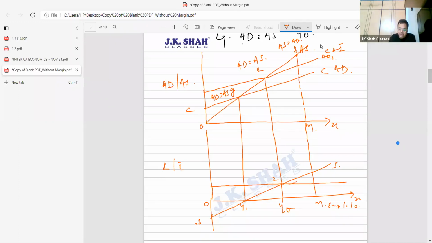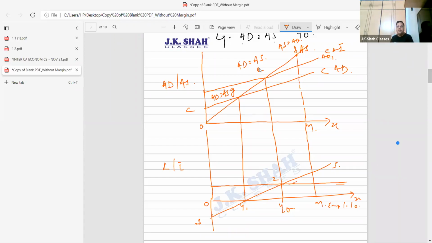Investment is horizontal. There may be a question they can ask you to confuse you. Please remember this investment when I'm talking of autonomous consumption. There are two types of investments, one autonomous, one induced. A private investor makes investment with the intention to make profit.